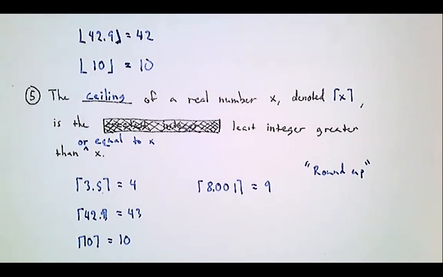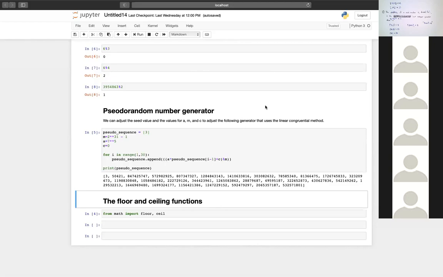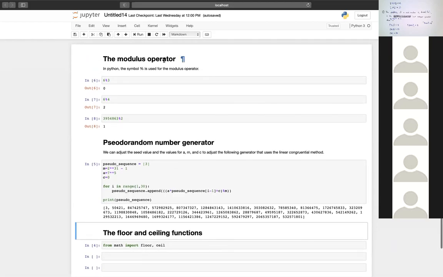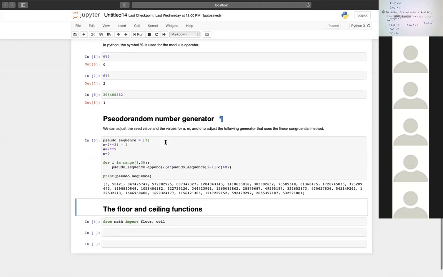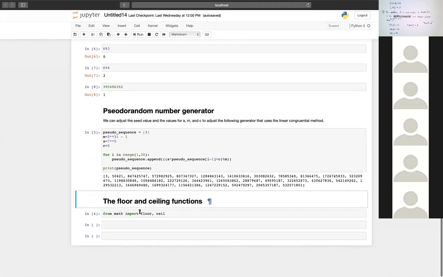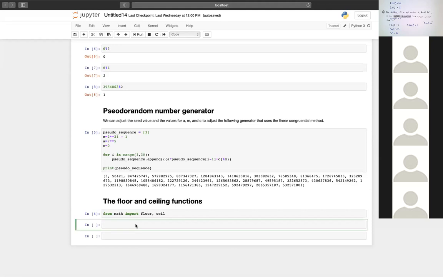Okay, so last time I demonstrated where you could find a few of these functions in a programming language, and I also pulled up these two functions in Python. So last time we looked at the modulus operator and pseudo-random numbers. And now we're just going to take a quick look at floor and ceiling.